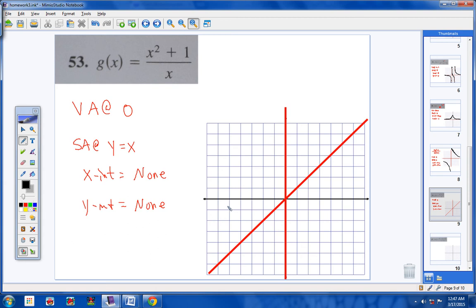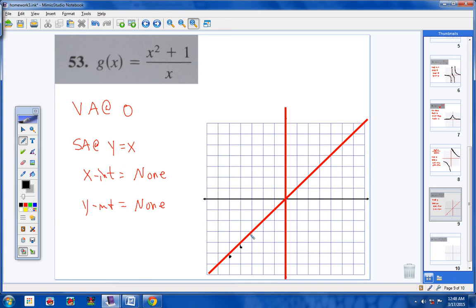Negative 5 is negative 5.2. So about right here. Now, negative 4 is like negative 4.25. So barely. That's why I told you guys it's so important to graph your slant asymptotes correctly.